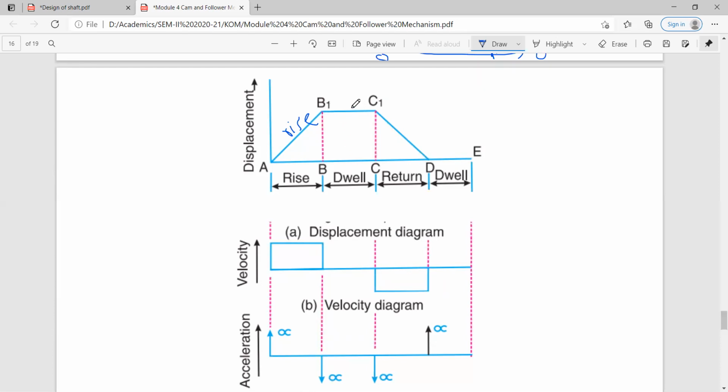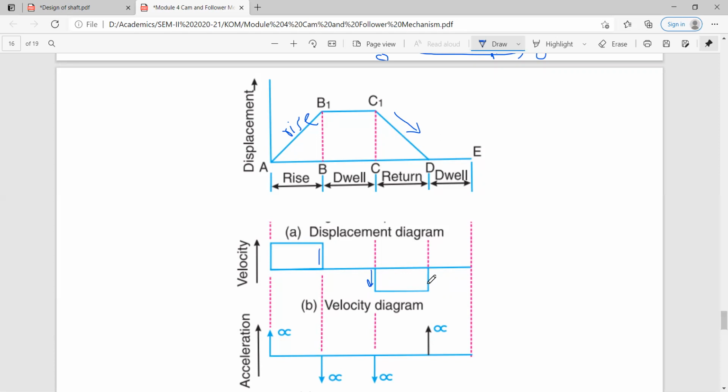Here there is a dwell period, means there is no change in displacement of the follower. So velocity comes down to zero at this point, remains zero during the dwell period, and now it is returning. It is returning with constant velocity. So that's why velocity is in the negative direction now, but it is constant.